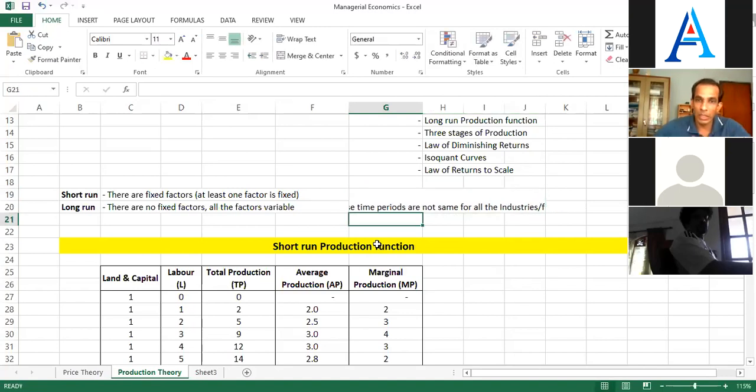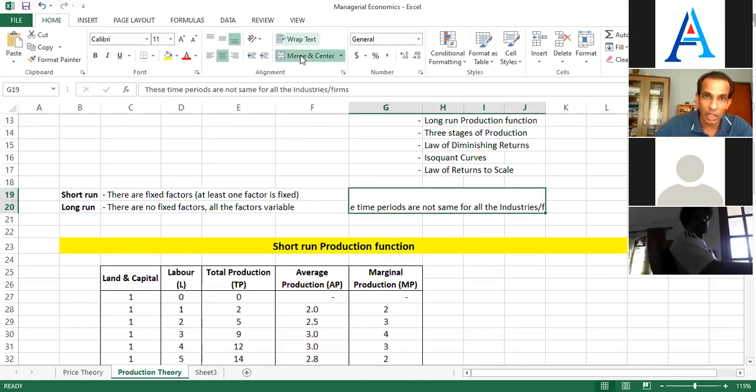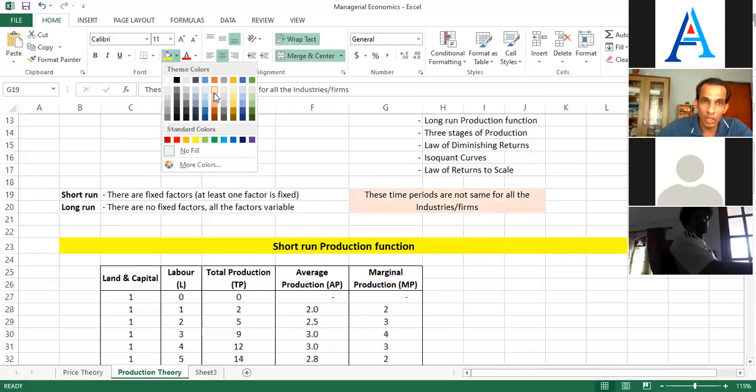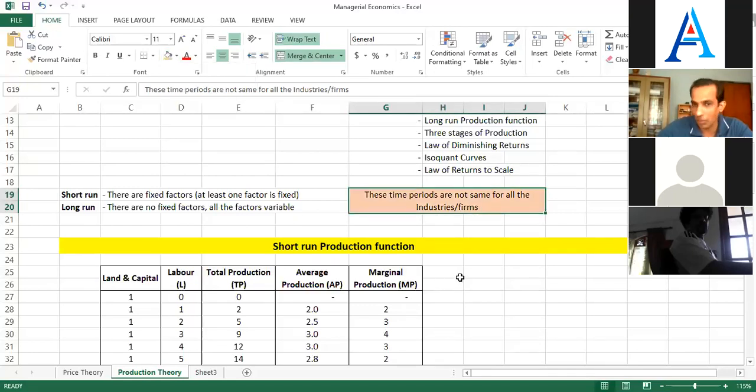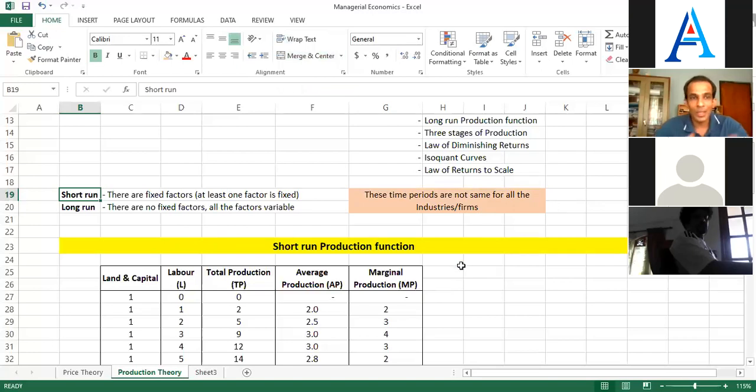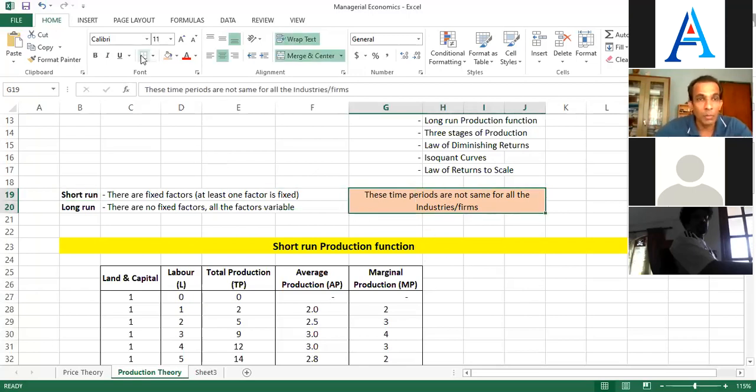Because the length of the short run and long run depends on several factors, such as the ability of the firm to change the factors. In certain industries, the organization may be able to change capital within a relatively short period of time, maybe a few months. Therefore, the short run may be a few months.